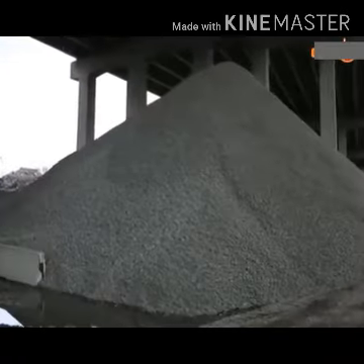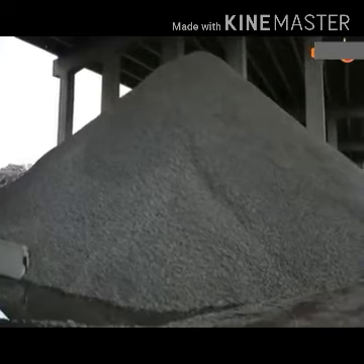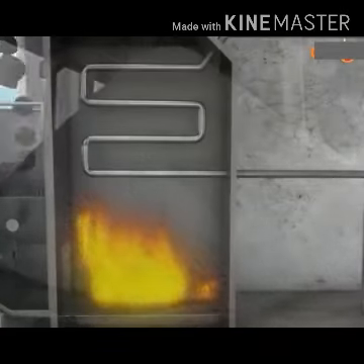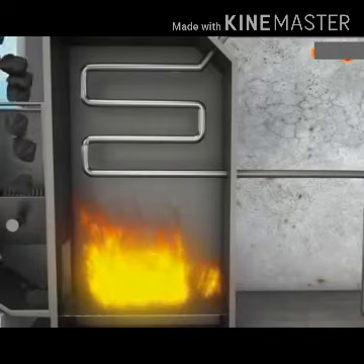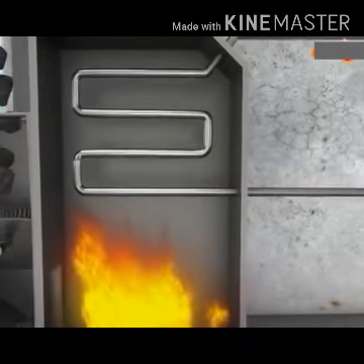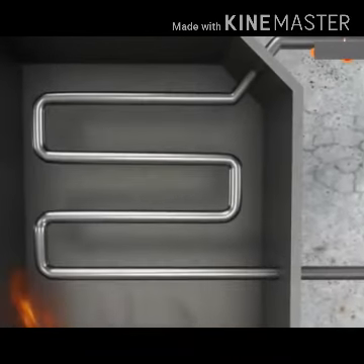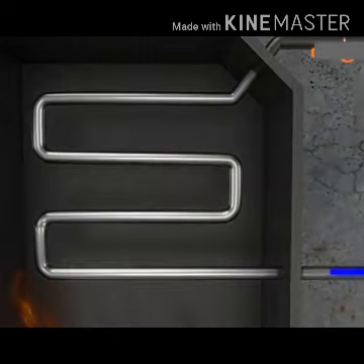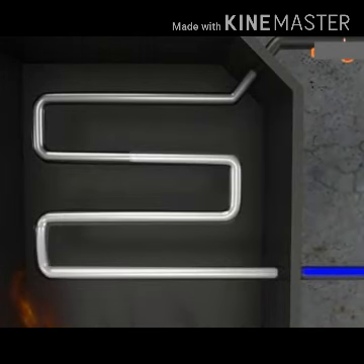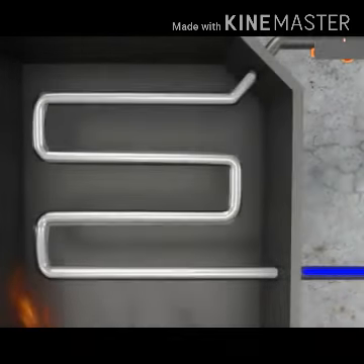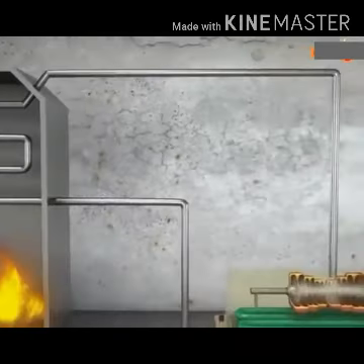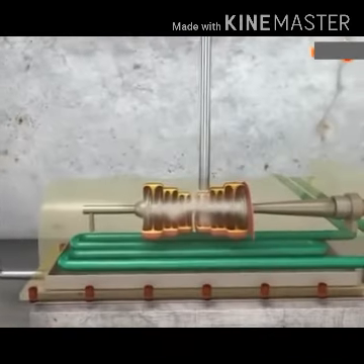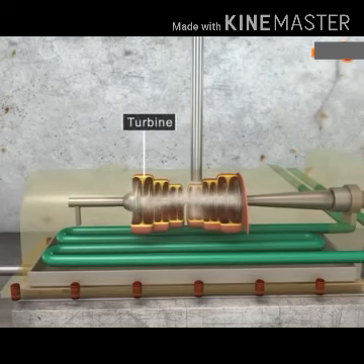like concrete, etc. The high temperature converts the water present in the tubes into steam. The hot steam expands in the pipes, which further leads to high pressure. This high pressure steam is then used to rotate the turbine, converting the heat energy generated in the boiler into mechanical energy.